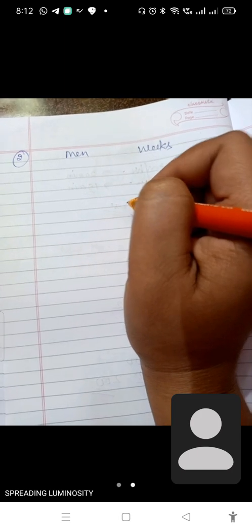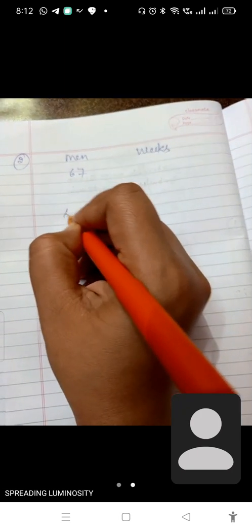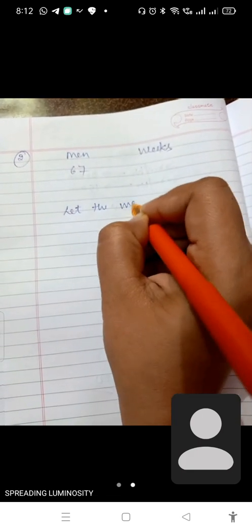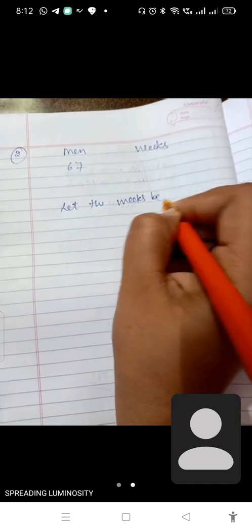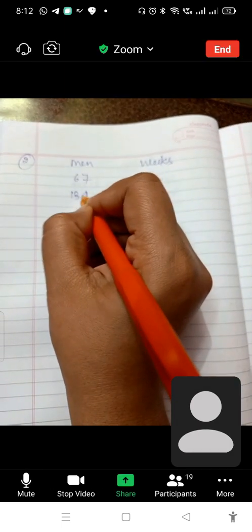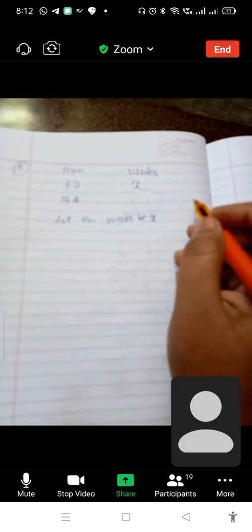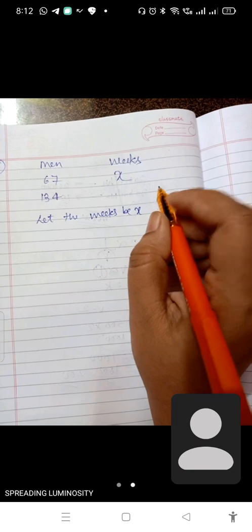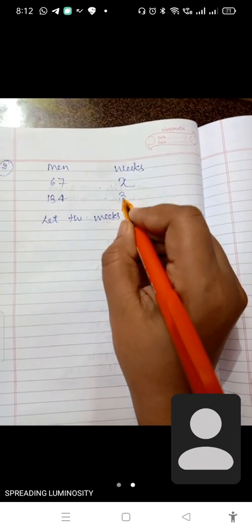You have to get the weeks for 67 men. Let the weeks be X. 134 men can build in 3 weeks. Is it visible?